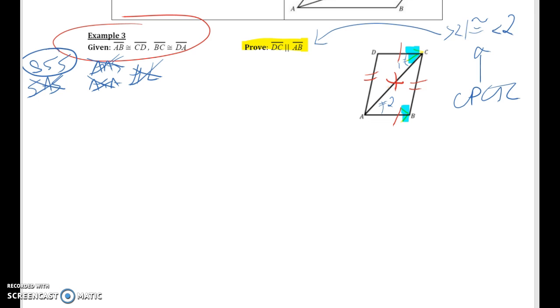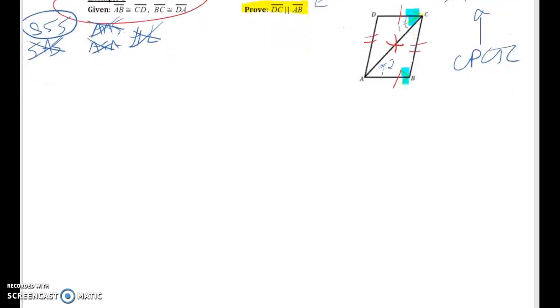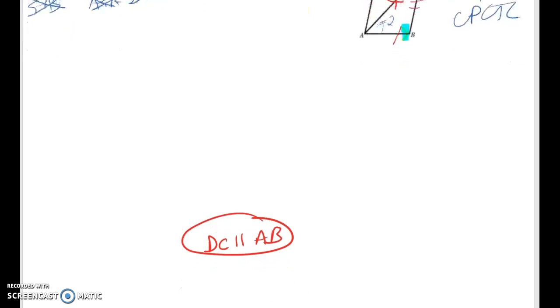One thing I do like about the flow proof is that we can design this from the bottom up, and then from the top down, and so we can fill in the middle with whatever information that we need. So I've already made a plan here, so I know my proof will end with DC parallel to AB. And how do I know that?